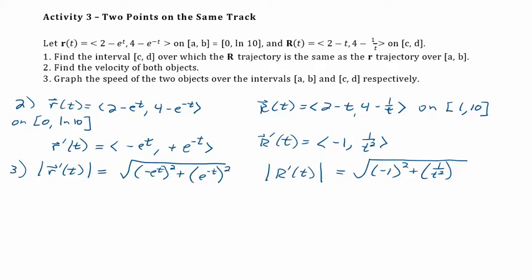All right, let's simplify this a little bit, make it a little bit nicer. What are we going to get here? e to the 2t plus e to the negative 2t. Can't simplify that. And here we're going to get 1 plus 1 over t to the 4th. All right, so let's go ahead and take a look at the graph of that.